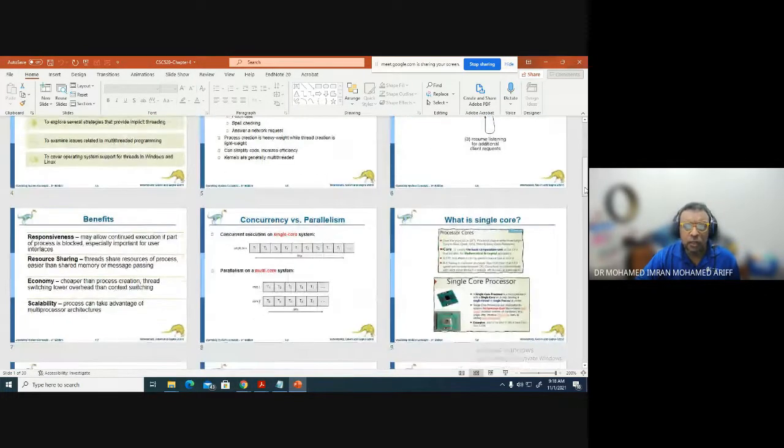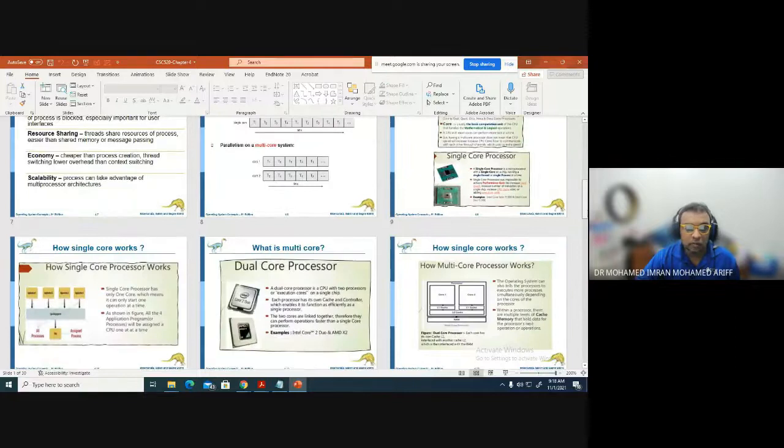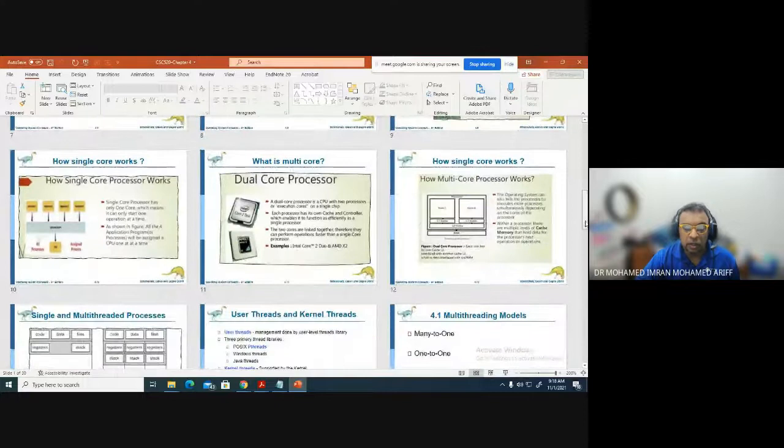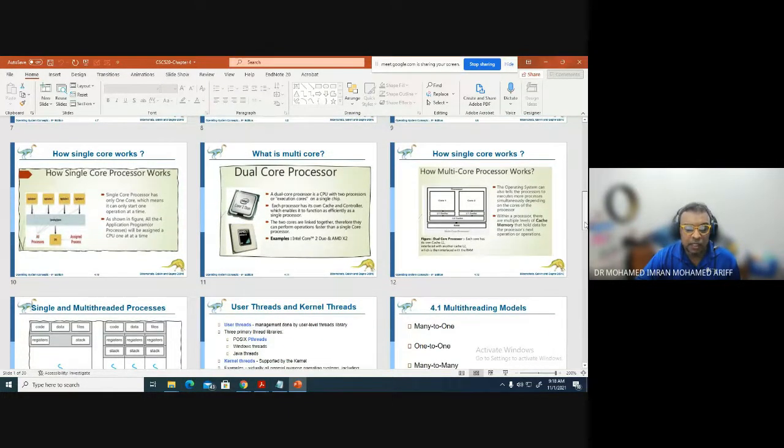And we are also going to understand the most important part of this chapter 4, which is what is a core. We have a single core, dual core system, multiple core system, and so on and so forth. And how does this core processor and thread work together side by side? So basically the operating system has to handle all of these processes linked to the core.